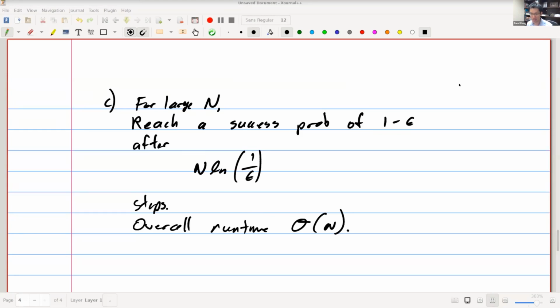It looks like there's a question in the chat as opposed to the Q&A, which is, what happens if the marked vertex is not an absorbing vertex? Well, in a classical random walk, the marked vertex is an absorbing vertex, because if you jump to the marked vertex, you would just stay there, you wouldn't leave.